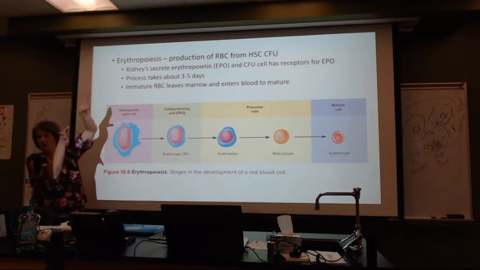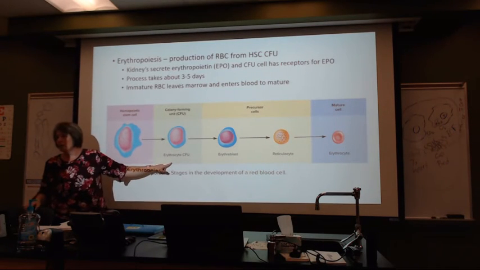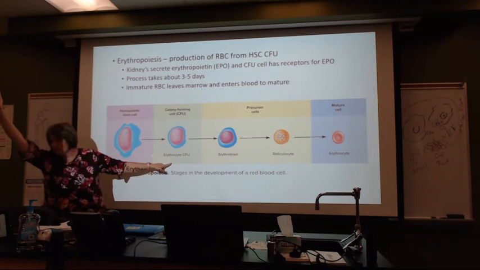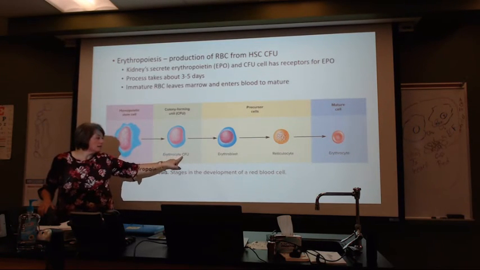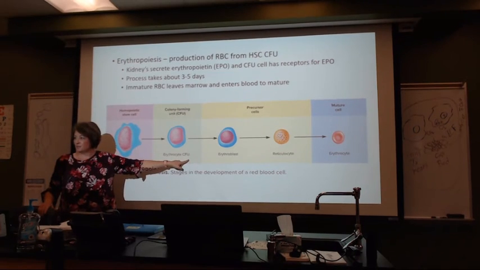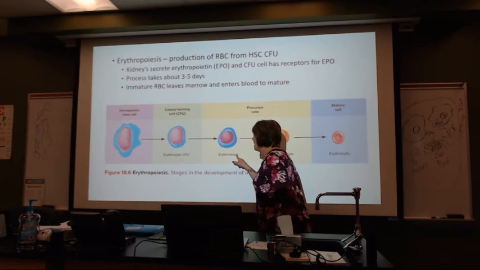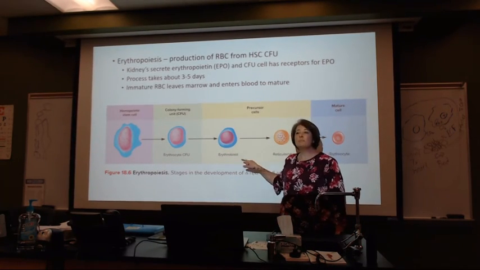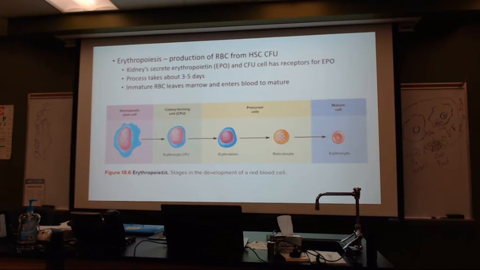So, if we think back to the stem cell, you remember how I showed all the arrows coming off of it? Okay, this is from the one that gave rise to all the little formed elements except the lymphocytes. So we have our colony forming unit. This gives rise to an erythroblast of the cells of the body.